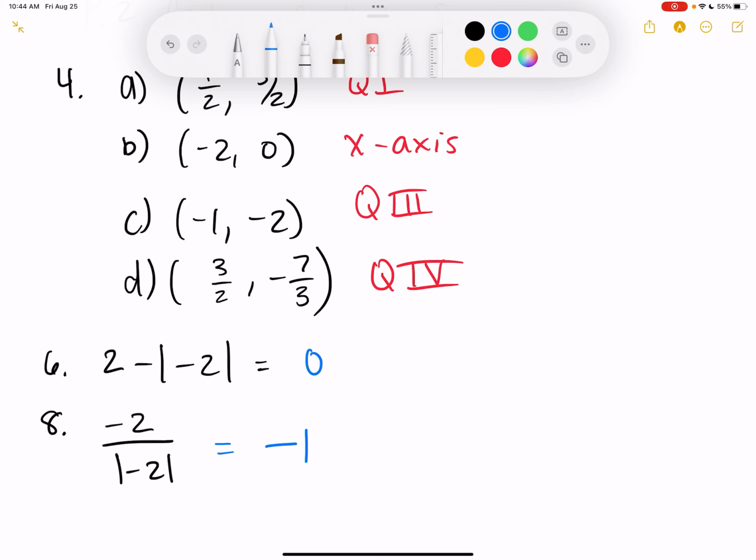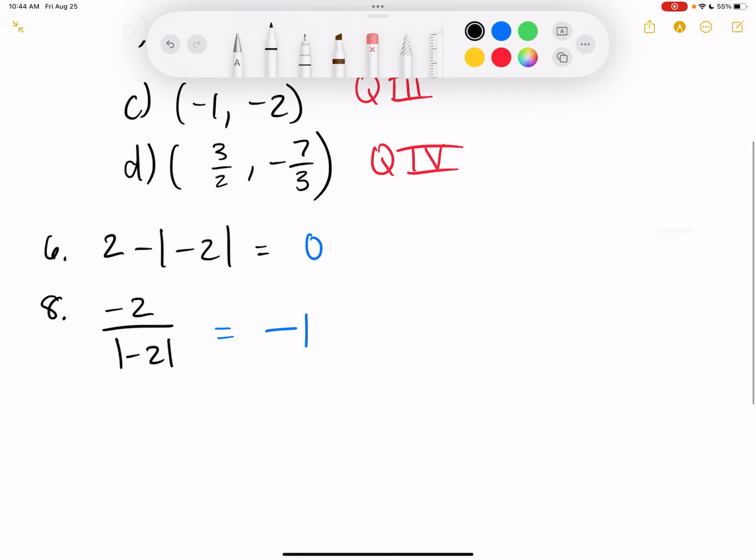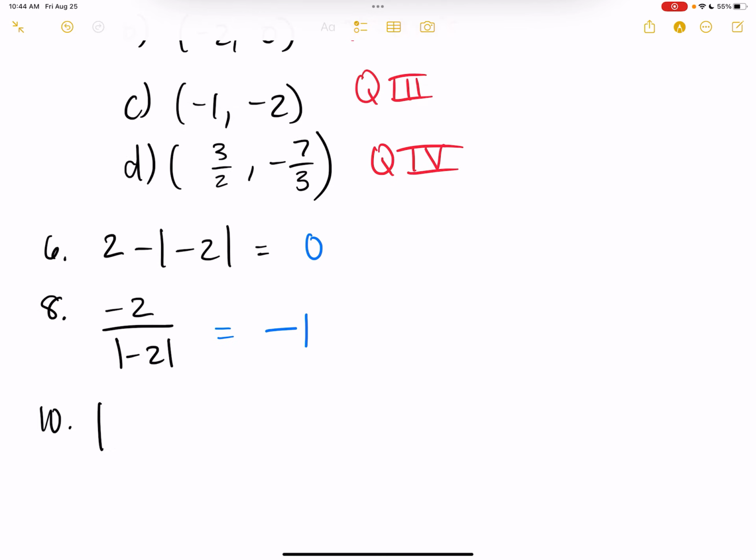Rewrite the expression without using absolute value. The absolute value of the square root of 5 minus 5/2. What does it mean without absolute value?